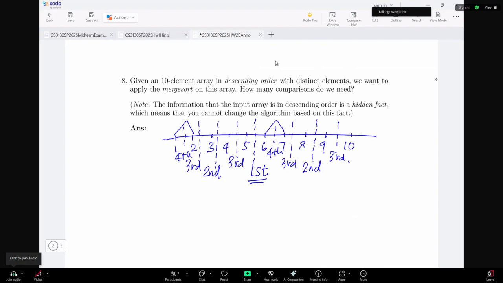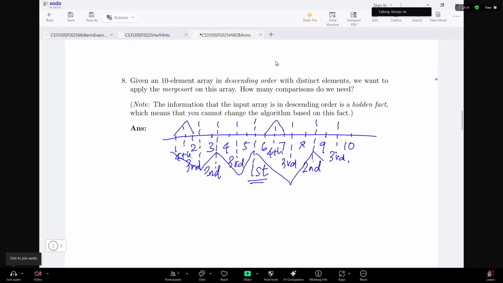Then the next merge reverses the third round split, which covers these 3 elements, these 2 elements, and these 3 elements.